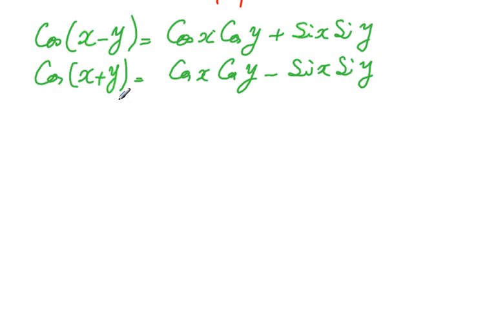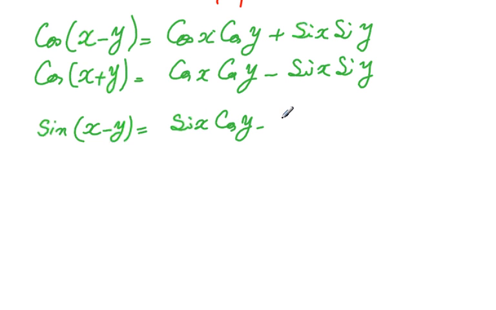We did a couple of examples of this. There are similar identities for sine and tangent. For tangent it's going to be a bit different, but sine is almost the same. Sine of x minus y happens to be sine of x cosine of y minus cosine of x sine of y.